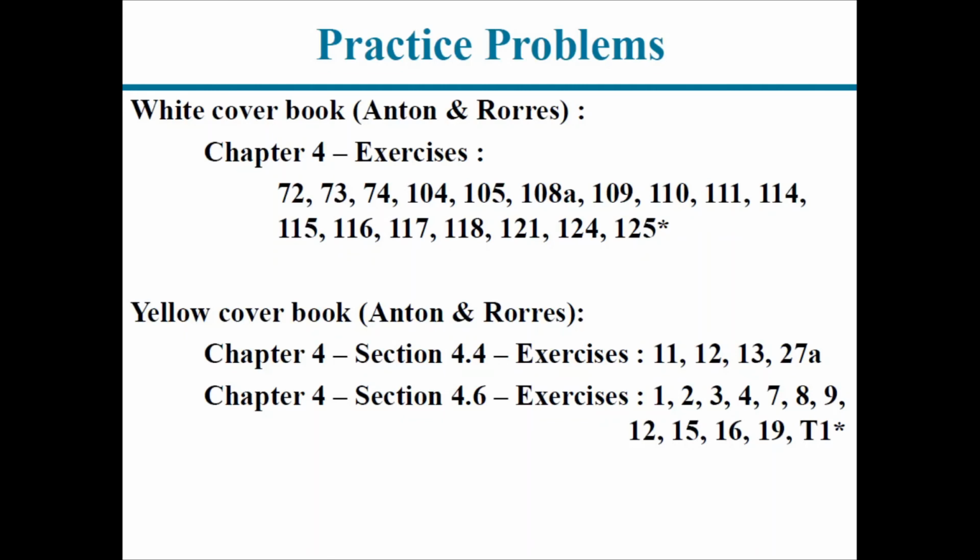Here are some exercises for you to practice in both books. The exercises with the star require a little bit of thinking about the definitions, but other exercises are purely computational, so you need to know how to compute the coordinates of a given vector in a certain basis, and also how to find, build or compute the transition matrix from one basis to another.